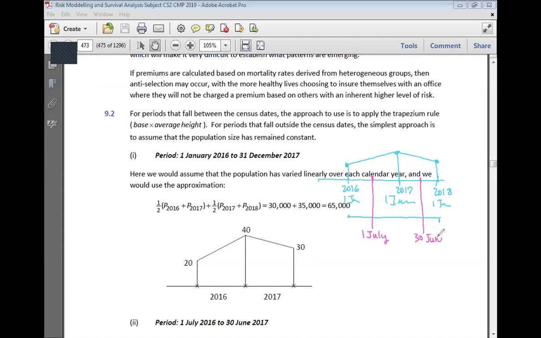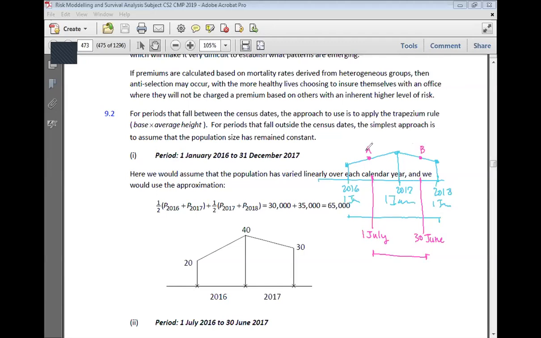So if you see, this is clearly the middle, and this is again clearly the middle, because 1 July and 30 June, so 6 months and 6 months from January, right? If you count. So again, if you want to measure the exposed to risk from this to this, we need to know this number and we need to know this number as well. And we already have information about this guy. So we can do one approximation from this to this, and then another approximation from this to this. But to do that, we need to know this A and this B.